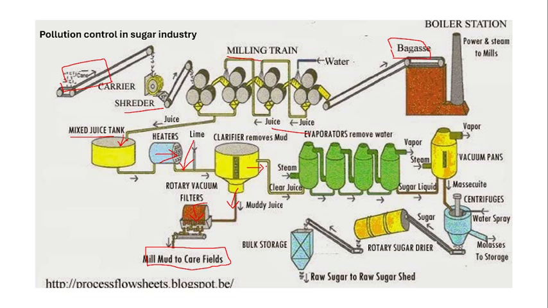Coming to the clear juice section, it is going through the evaporator. This is a very important step. In the evaporator, at high temperature, the clear juice is converted to sugary liquid.